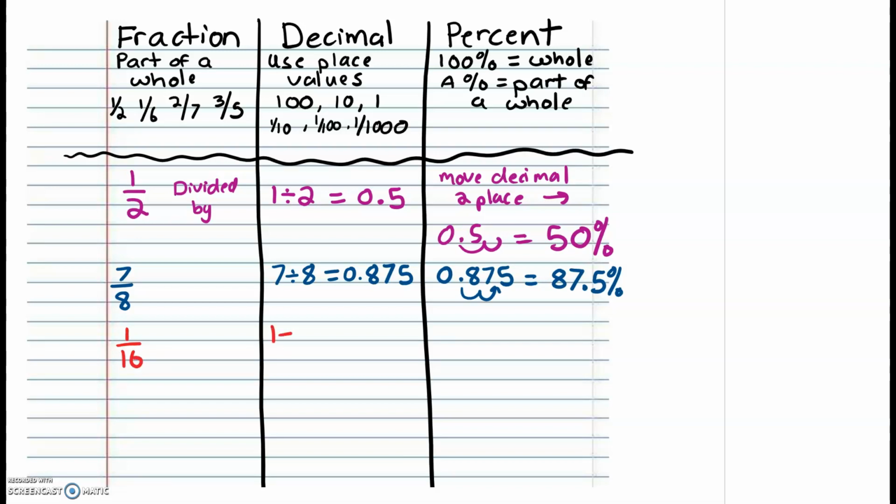We're going to divide 1 divided by 16, which will give us 0.0625. And then to change it into a percent, I say it wrong every time, 0.0625, move our decimal over 2 spots, so we're going to get 6.25%. So all of these ways we're writing these are equivalent, okay? We call that equivalent because they're the same.